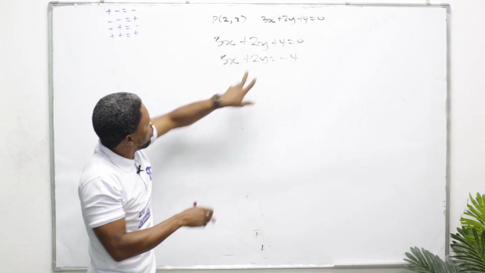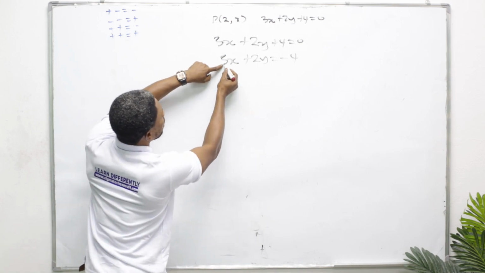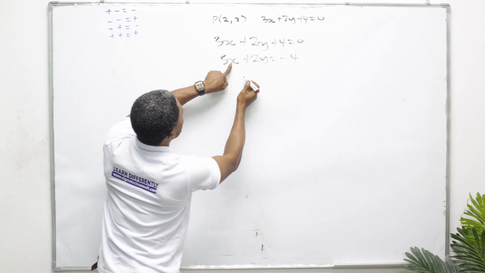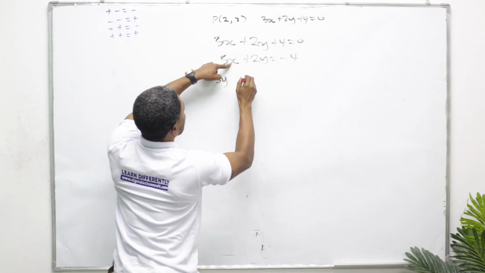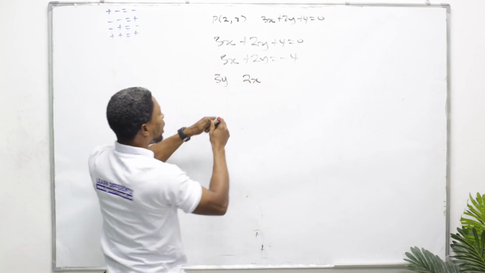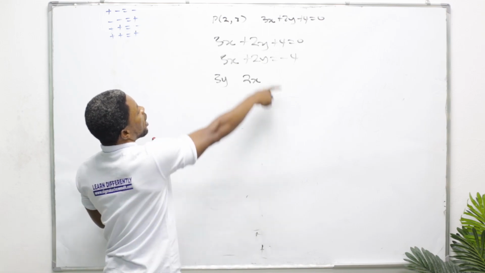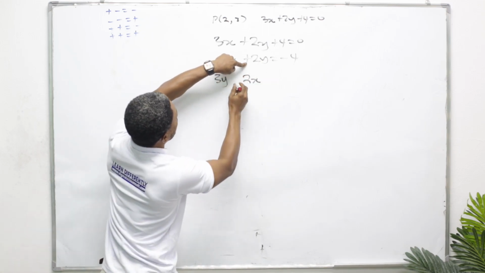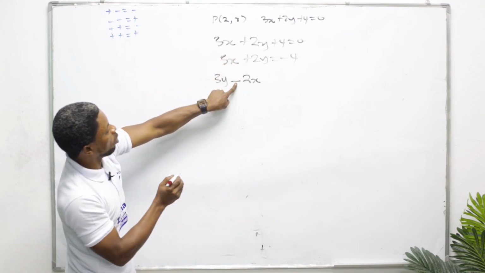That means this 3 will be for y, 3y, and this 2 will go to x, 2x. Then the next thing you do, you change the sign of one of them. I'm changing the sign here from plus to minus.